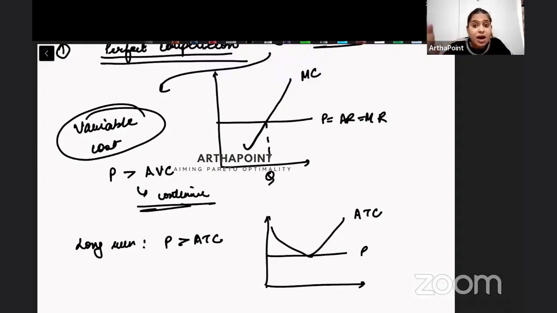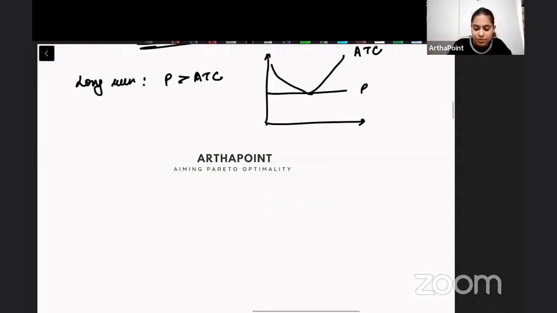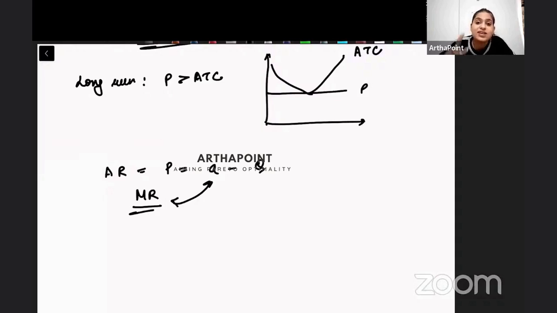If AR and MR are linear, let's say AR is nothing but price, it is A minus Q. You find your MR yourself. What is the relationship between AR and MR? The MR slope is twice that of AR, that is, AR has half the slope of MR. Each of these small properties must be done for these 1 mark questions.